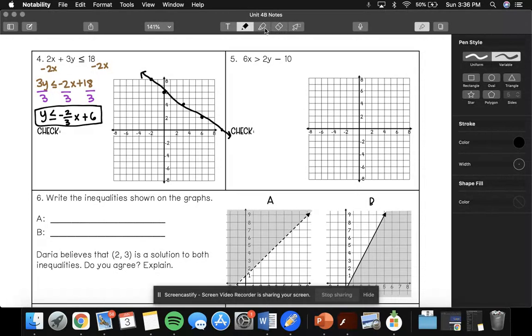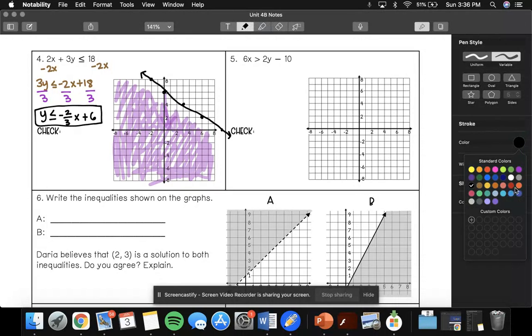Okay, and then it's not an equation, it's a less than or equal to, so I put my pencil on the y-intercept. It is everything that is less than or equal to, so I need to shade less than this line. So this is a big shade. If I wanted to check it, again, I'm going to check 0, 0 because I like that one.